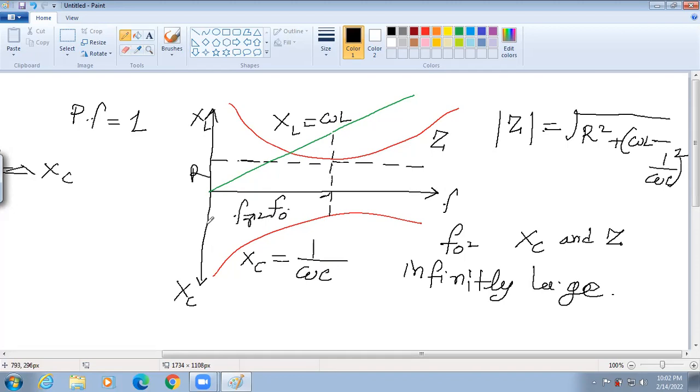XC is greater than XL at frequencies below the resonant frequency, and after that XL is greater than XC. So at the resonant frequency, XL equal to XC and Z equal to R.